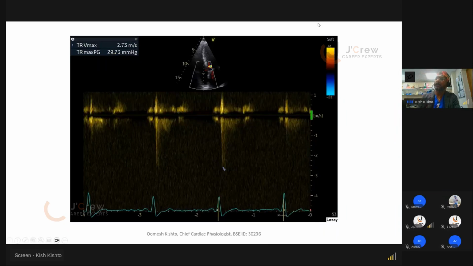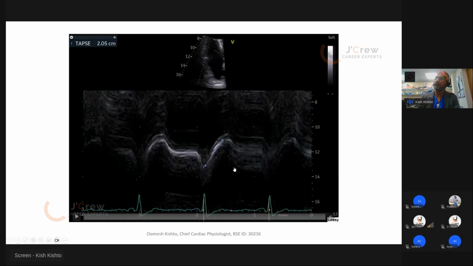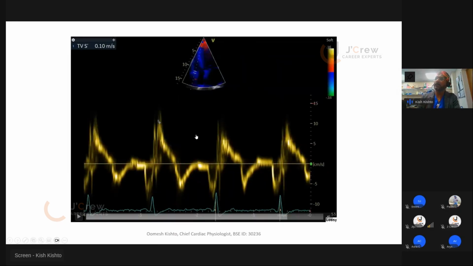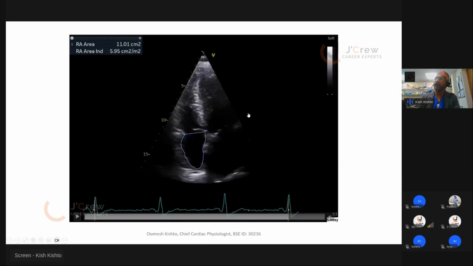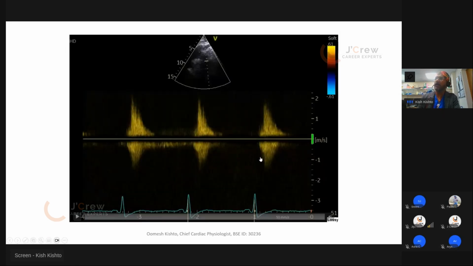Okay, the TR, there was some other measurement coming at the back because I measured them afterwards. So the RV base and TAPSE, the right heart is fine, RA is fine, IVC is okay, and this is on the arch here. The CW is fine.